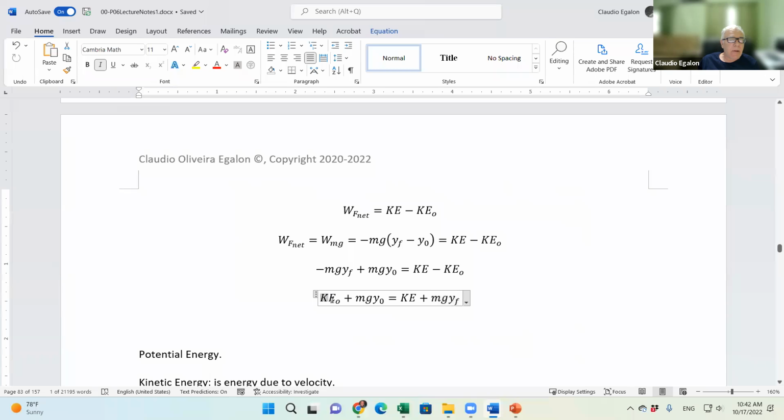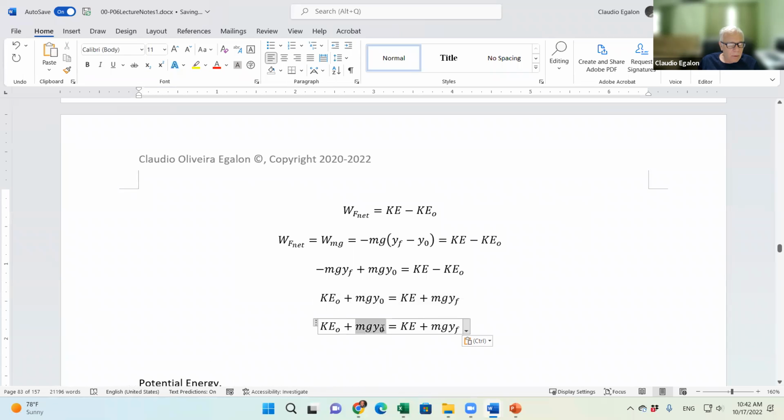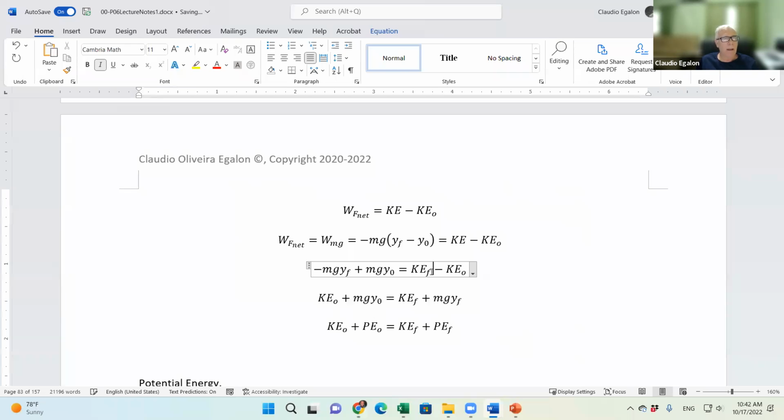So you have initial kinetic energy plus initial potential energy is equal to final kinetic energy plus final potential energy. Don't forget that this is also final kinetic energy, right? I just dropped the final in there, but that's what it means.